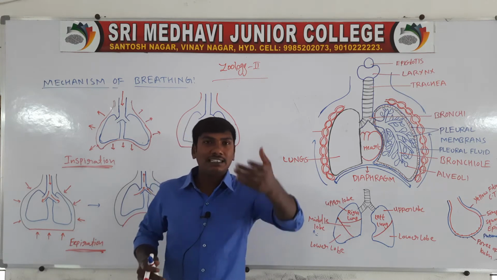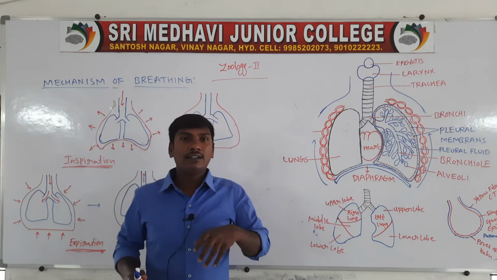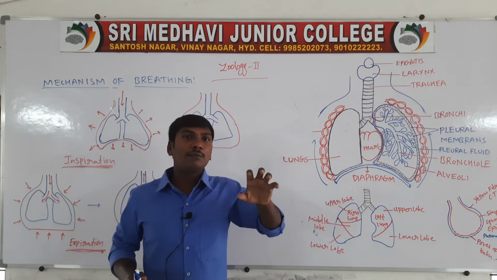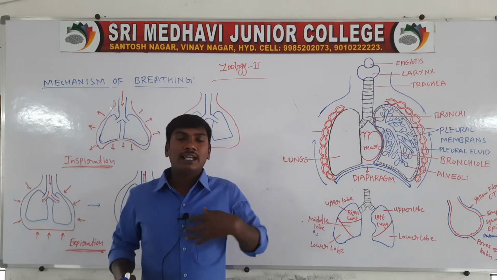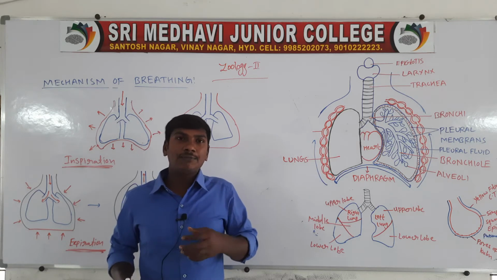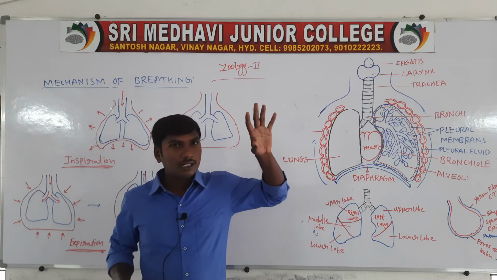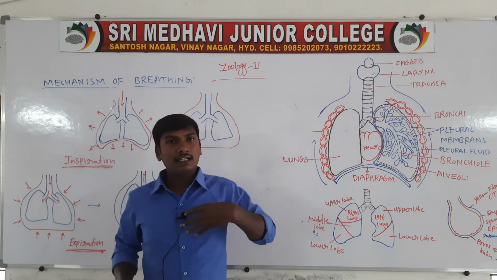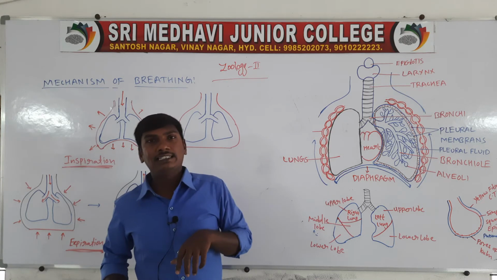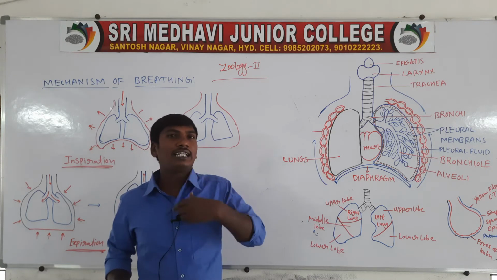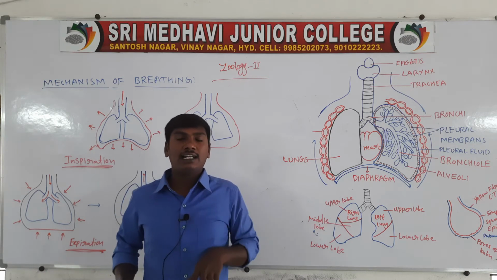At the time of inspiration, the atmospheric air pressure is high and the lung air pressure is low. So the air comes from the outside to the inside, through the respiratory tract, and enters the lungs.